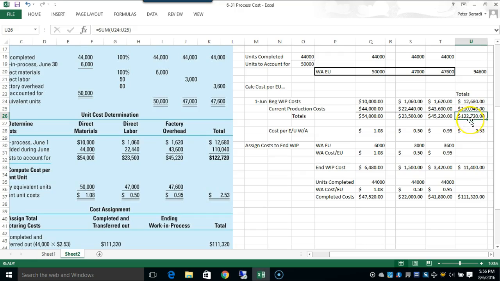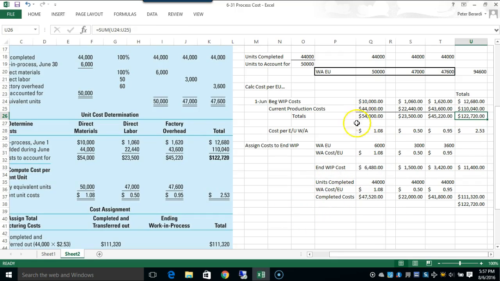Because all you're doing is allocating it based on a weighted average. So you're taking this 122,720 and dropping it down and allocating it to ending and completed. So let's just double check our work. And that basically tells us we did it right. We allocated 100% of the cost to ending WIP and units completed.